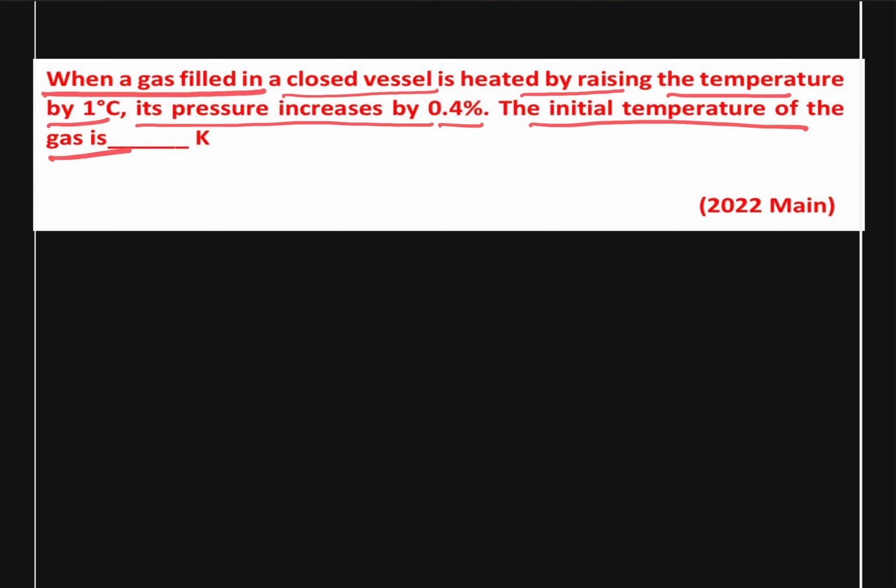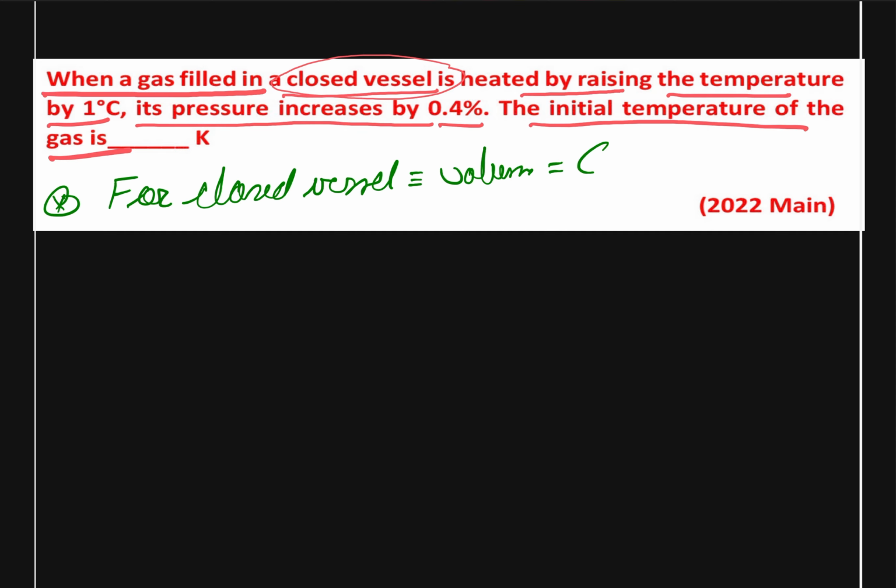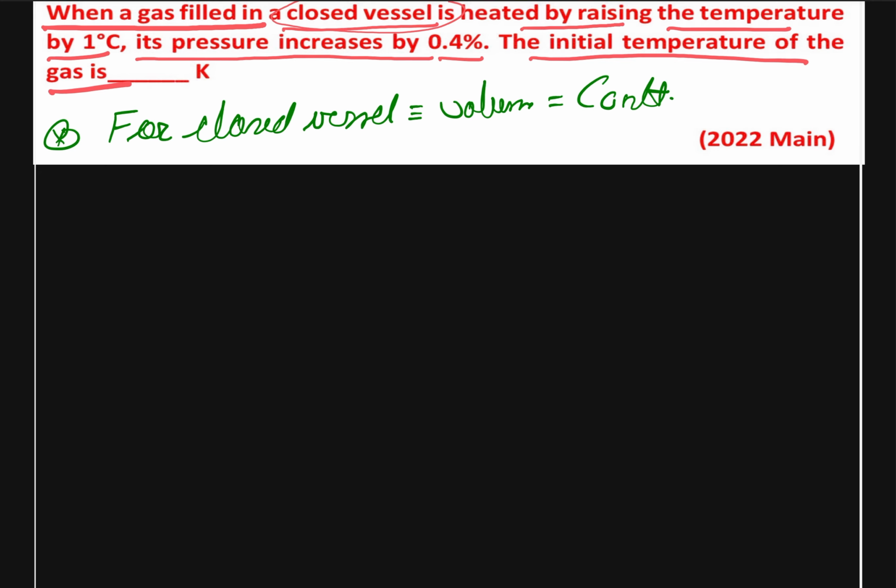We are given that it is a closed vessel, therefore the volume will be constant.